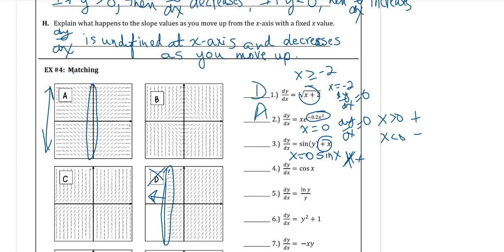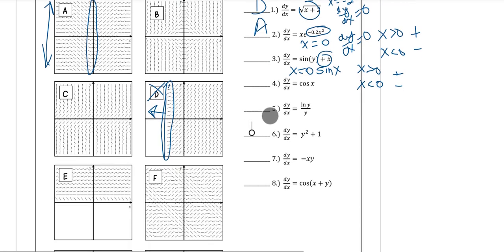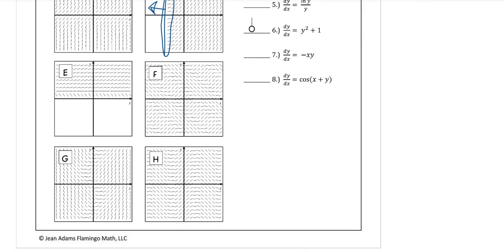if I have a positive x, that's kind of messy, it's hard to see. So when x is positive, this is going to be positive, and when x is negative, my differential equation will be negative. Okay, so when I look through these, what I see is this happens at G. I can kind of see the pattern of a cosine graph in the center here.